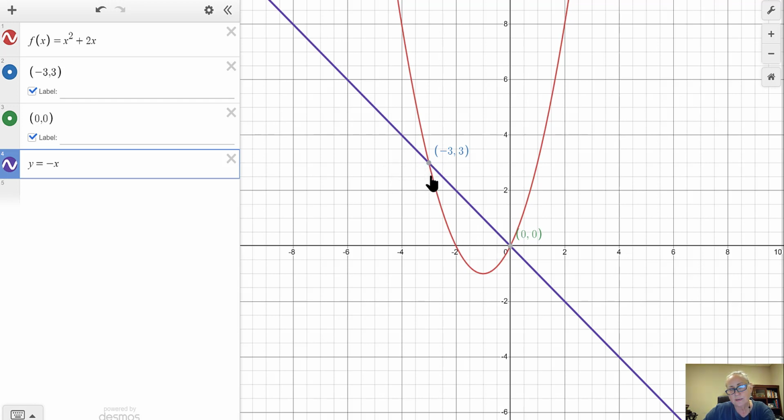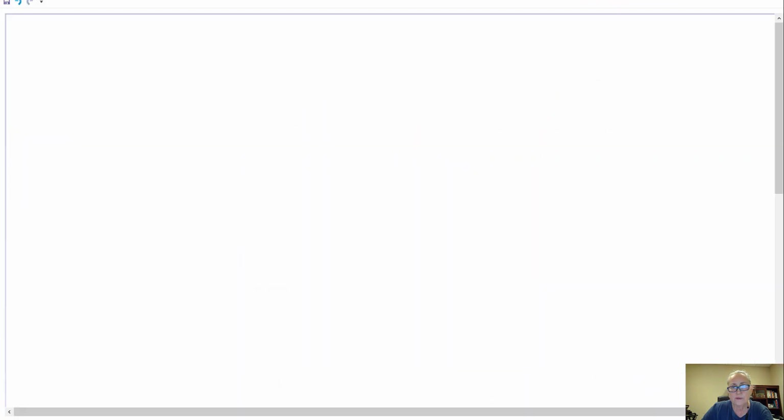So if you go down by 1 to the right 1, down by 1 to the right 1, do that over and over, you end up at this second point. That's the average rate of change between 2 points on the curve. Now we're looking to find it at an instant, at a specific point.